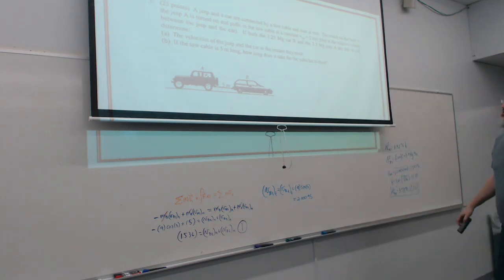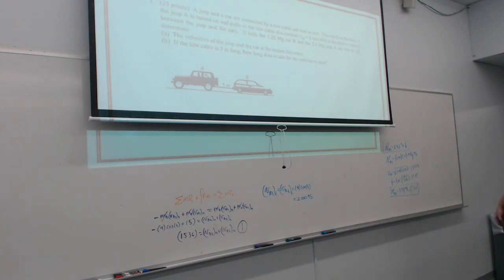But anyway, a Jeep and a car are connected by a tow cable, which bothers me that it's a chain in the picture. That's not a tow cable. The winch, which should not be moving a chain on the Jeep, is turned on and pulls the tow cable at a constant 2 meters per second, which means that's the relative velocity between the Jeep and the car.